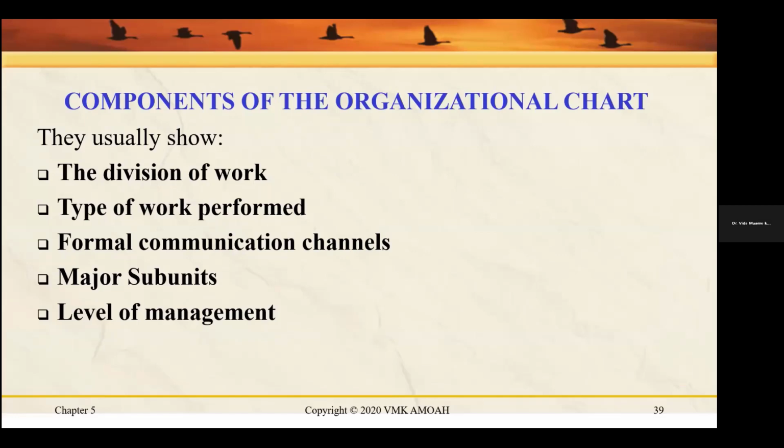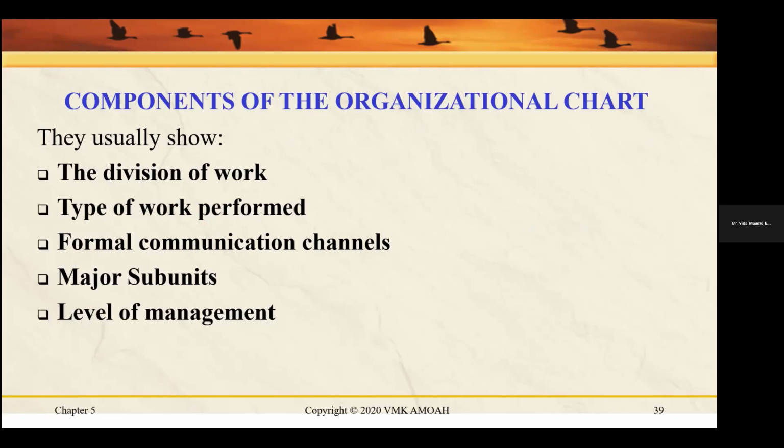Then the major sub-units. In every organization, we have units, and you can even have sub-units. So you know the chain of command, chain of direction, unity of direction, where you're supposed to go. The authority, the responsibility, line of authority, staff authority.